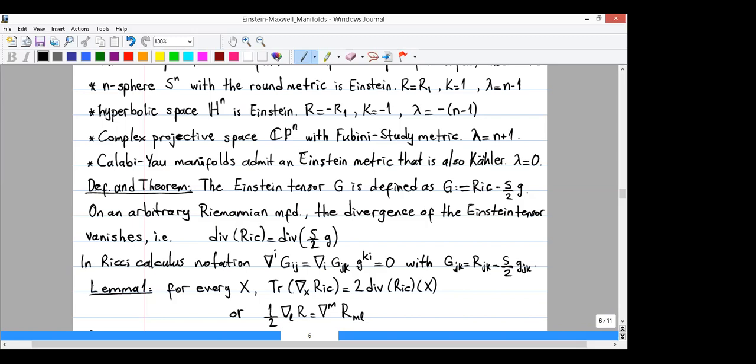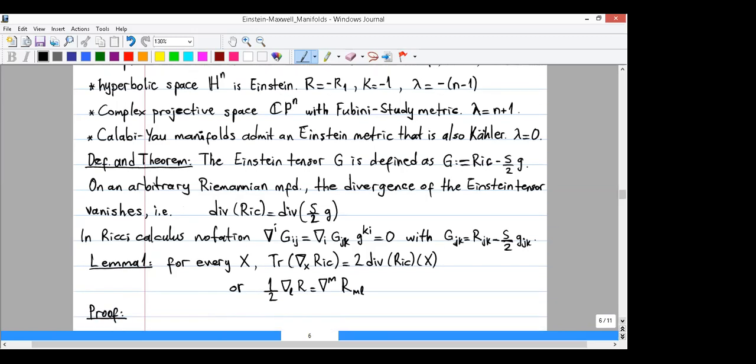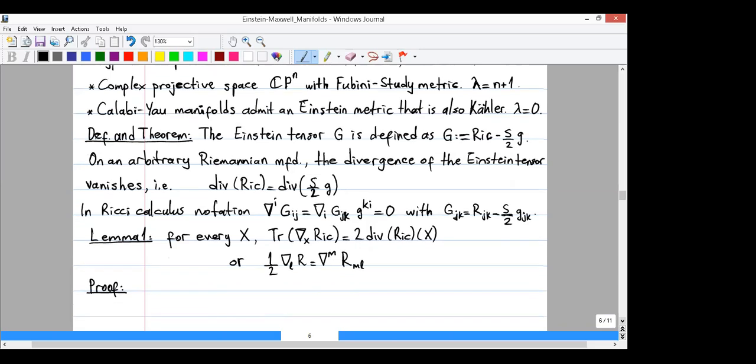The covariant derivative i of G, j, k, you can raise the indices up and down. Here, G, j, k is just R, j, k minus S over 2 g, j, k. We are going to prove this, but before that, let's give a lemma.